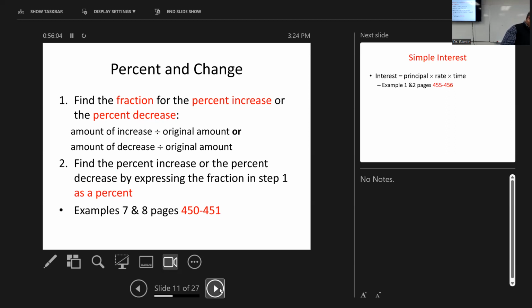Example 7, that is world population based upon the data in the year 2000. It says find the percent increase in the world population from 2000 to 2150 using the high projection data.